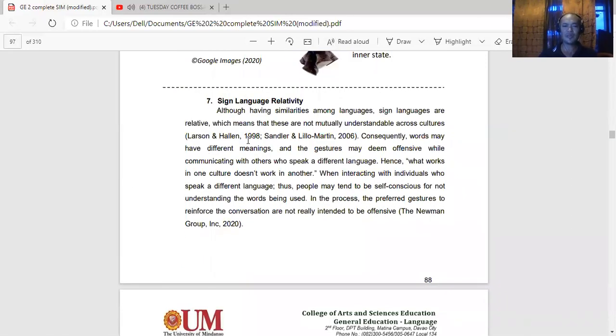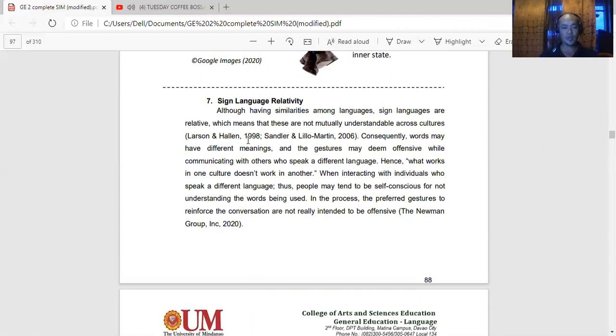Although having similarities among languages, sign languages are relative, which means these are not mutually understandable across cultures. So it doesn't mean that if this is what it means in one culture, that is the same with another culture. Consequently, words may have different meanings, and gestures may be deemed offensive while communicating with others who speak a different language.